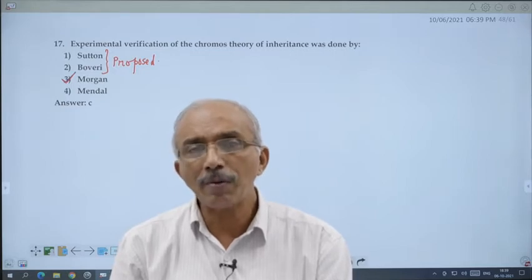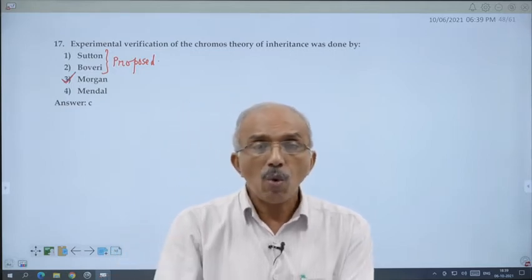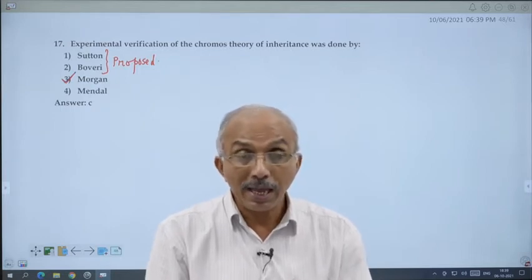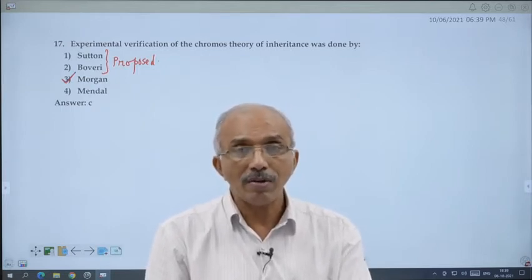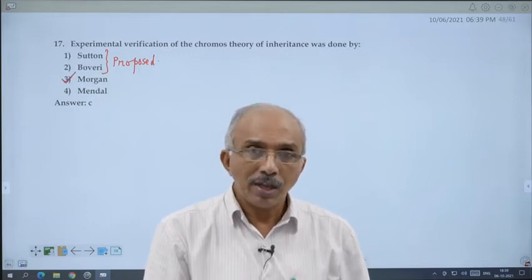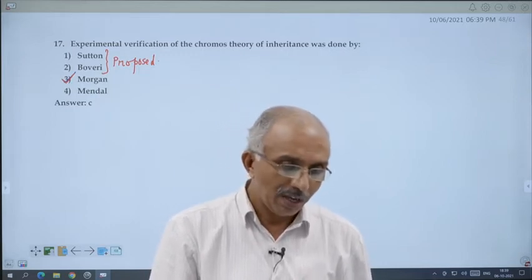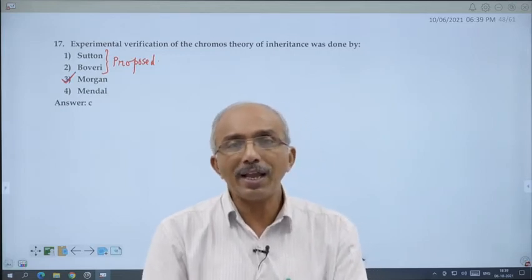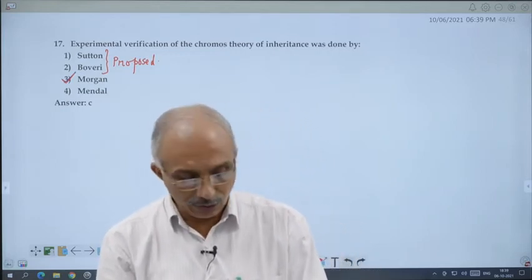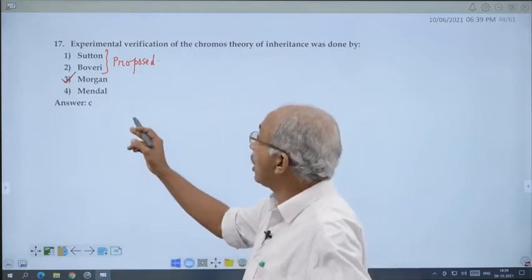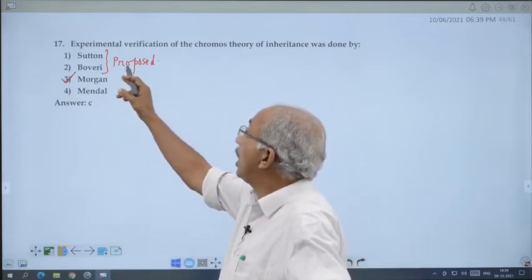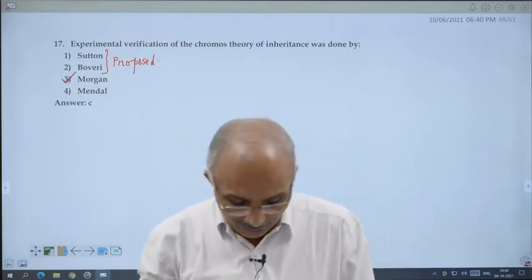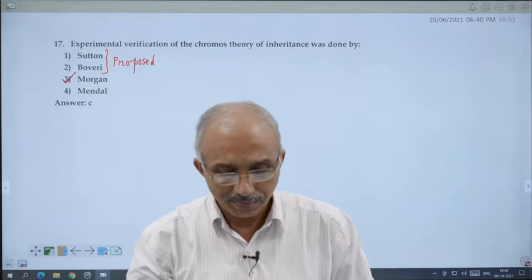Semi-conservative replication was proposed by Watson and Crick, but proved by Meselson and Stahl. This happens frequently. So the answer is Morgan; Mendel is not really concerned with this. It is with the classical genetical experiments.